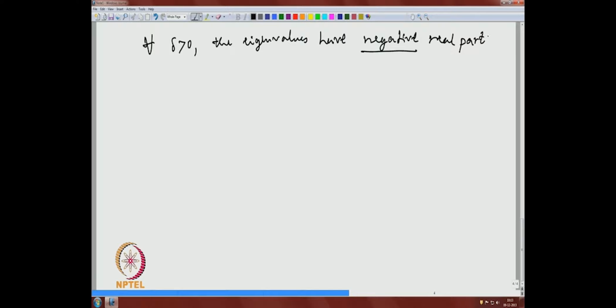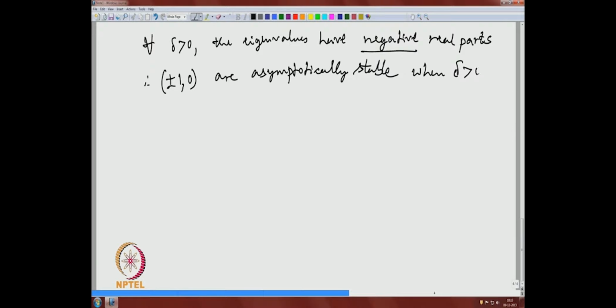Either they themselves are negative real numbers, or certainly they have negative real parts. Therefore, (plus or minus 1, 0) are asymptotically stable, linearly asymptotically stable, when delta is positive.